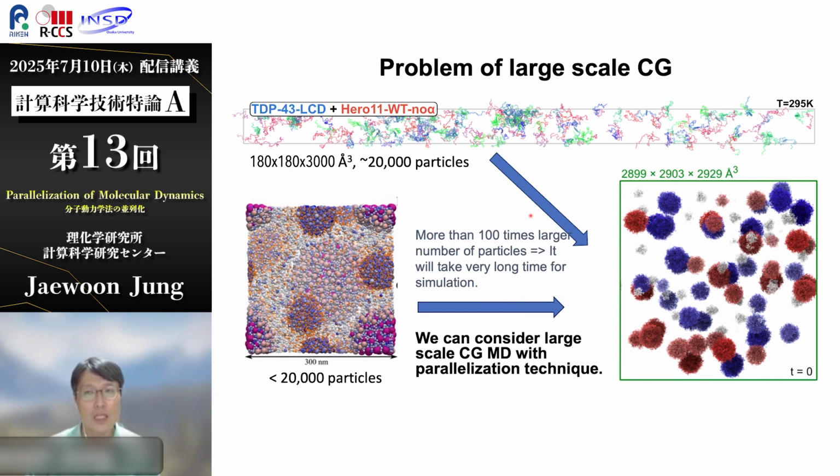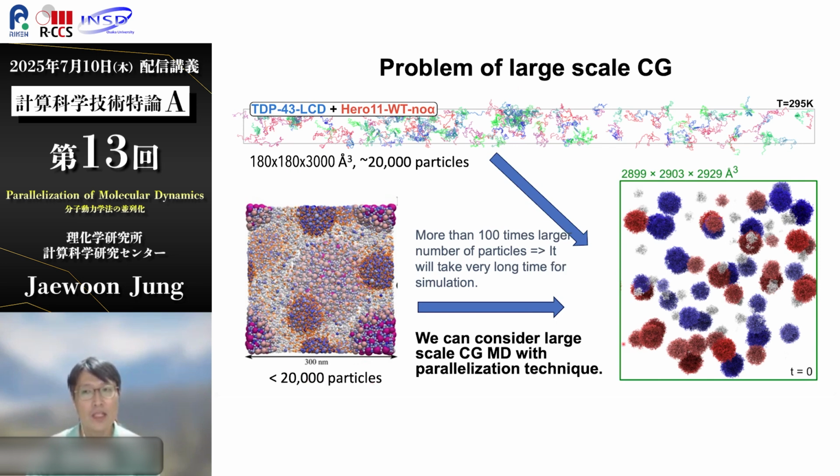But in many cases, people want to perform larger scale simulations and want to understand very macro scale behavior. But in fact, this is not so easy. Until now, people consider about 20,000 CG particles, or a very large system with ultra coarse-grained particles.